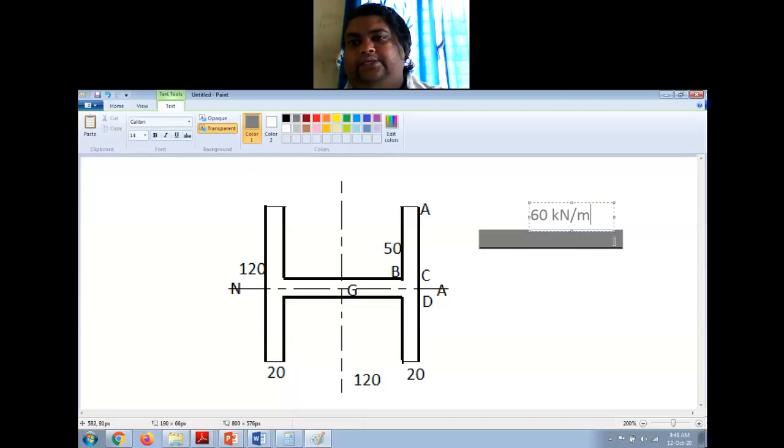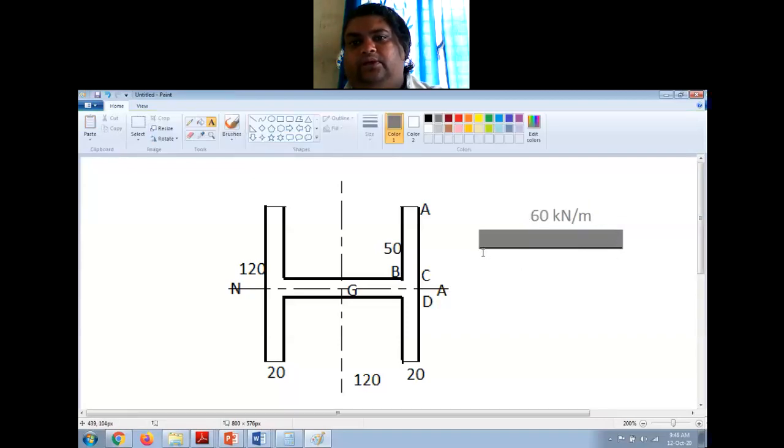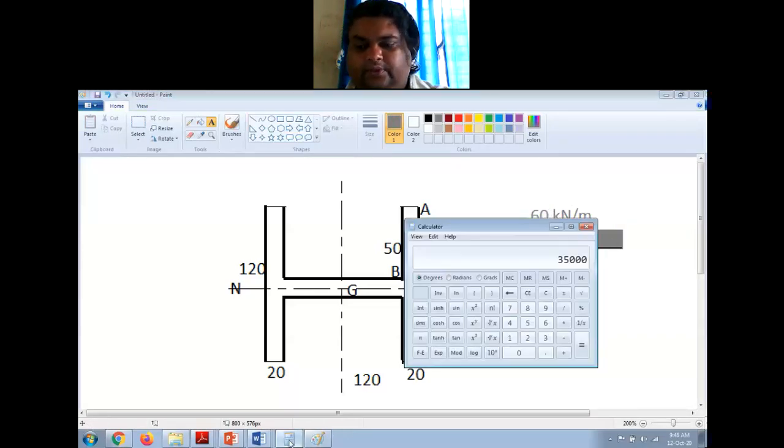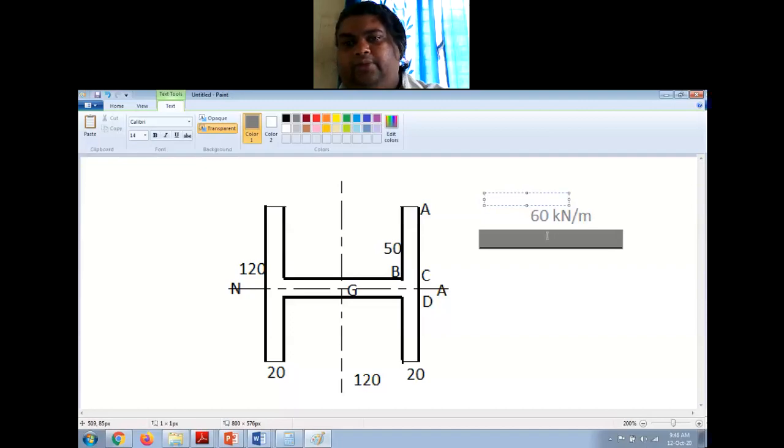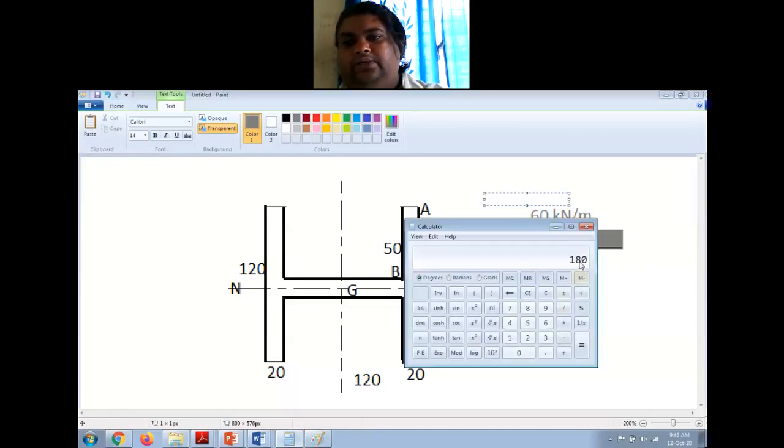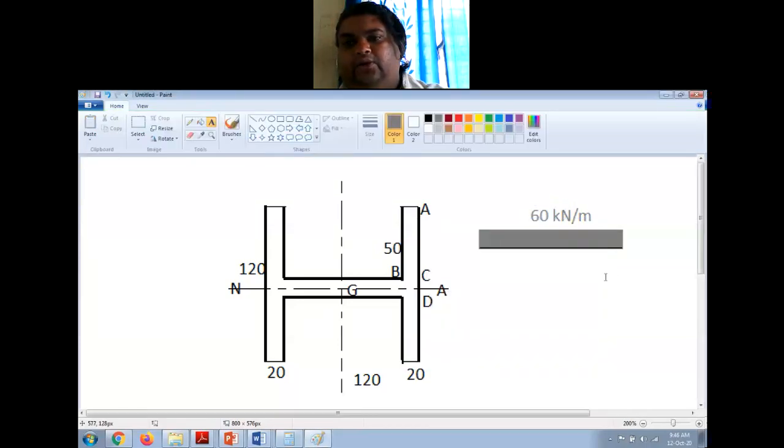So the reaction at these two supports will be how much? 60 into span, that is 60 into 3, 180 kilonewton is the total load on the beam. So both the supports will carry half of it, so it is 90 kilonewton.